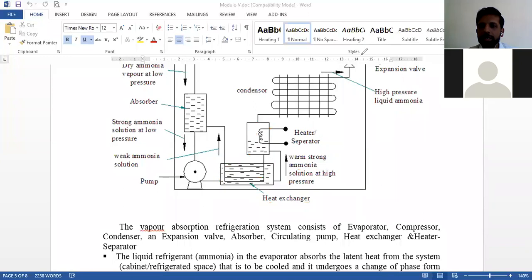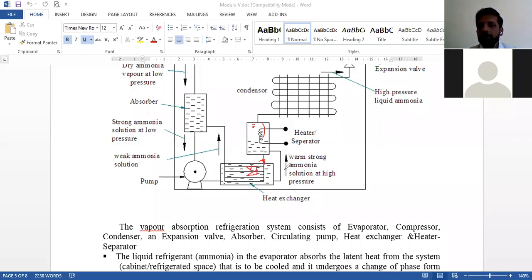Okay, so let me recap. What is going to happen in the heater is that since there is going to be a slight increase in the temperature, ammonia is going to be converted into gaseous phase. The remaining liquid, which is actually diluted ammonia, will flow in these tubes present in the heat exchanger.